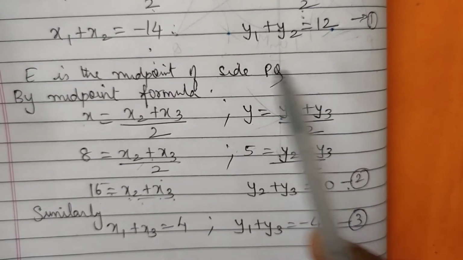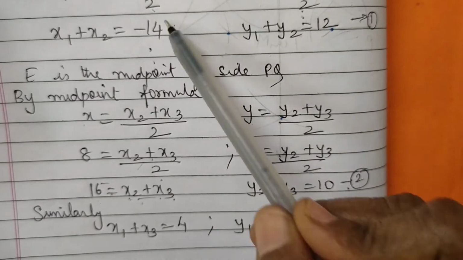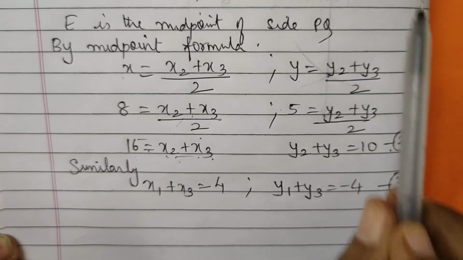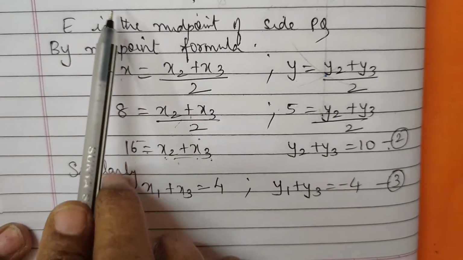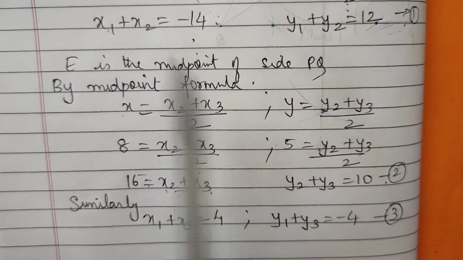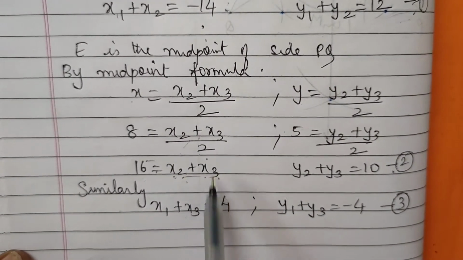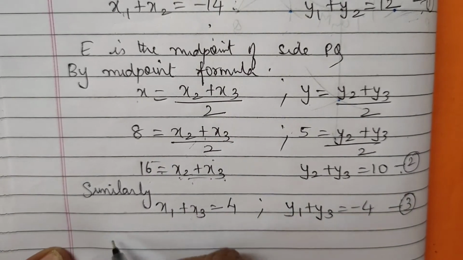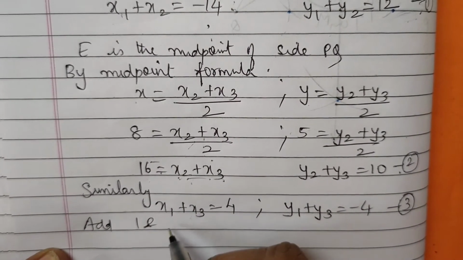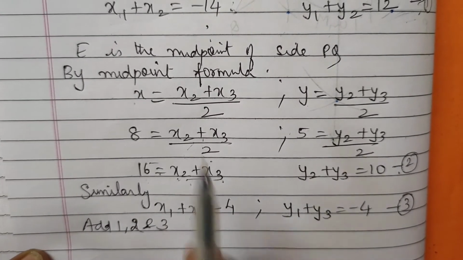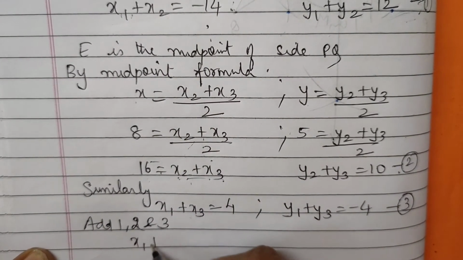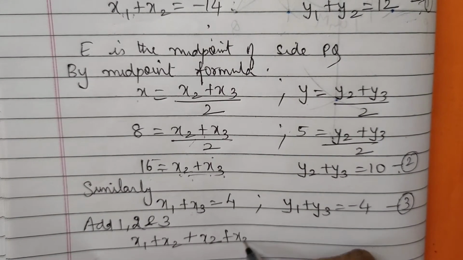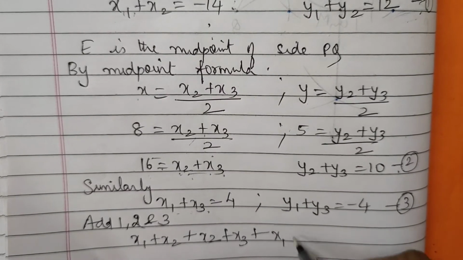So what we are going to do is add all the sides of the left hand side and the right hand side. We are going to add all the 1, 2 and 3 of the left hand side. So x1 plus x2 plus x2 plus x3 plus x1 plus x3.